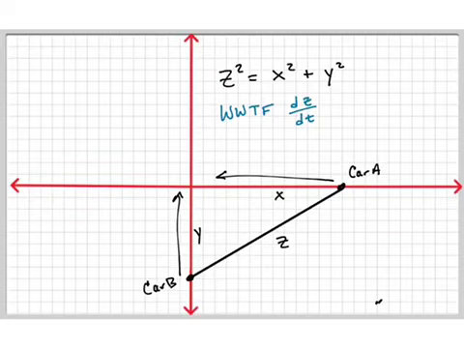Now, let's set up our equation here first of all. If we use implicit differentiation and take the derivative with respect to time of each of these, we get this basic equation.